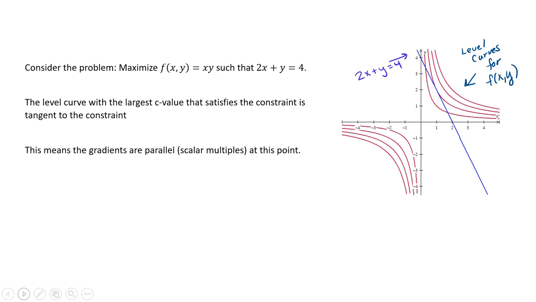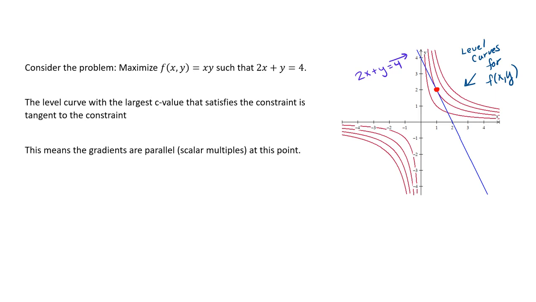It turns out that the level curve with the largest c value that's actually touching the constraint is tangent to that constraint. You can see that in my image. Right here, my level curve is tangent to the constraint. That would be the largest z value along that blue line.